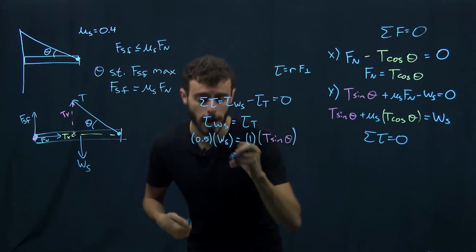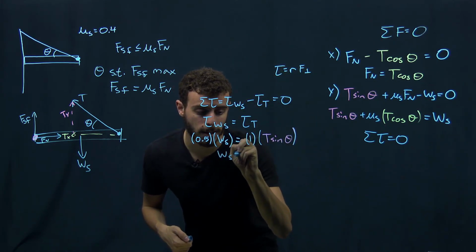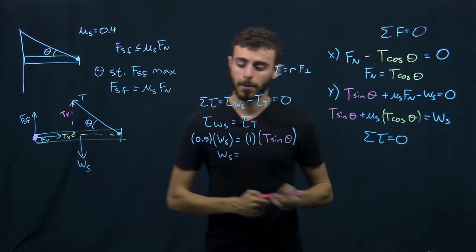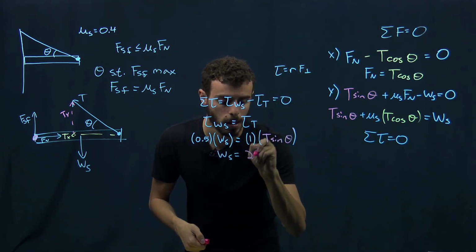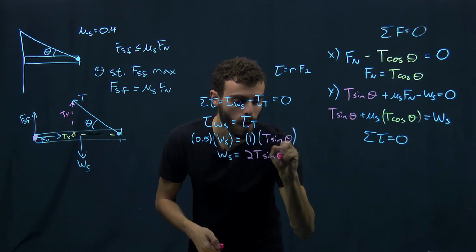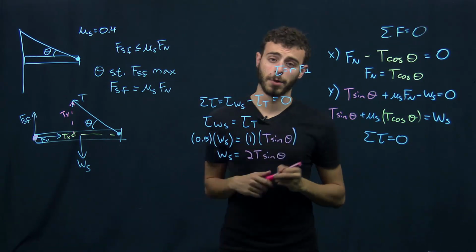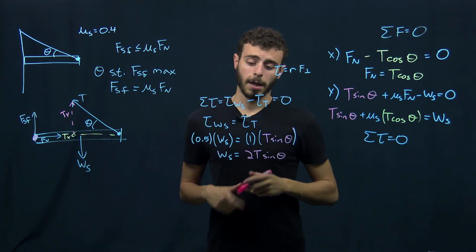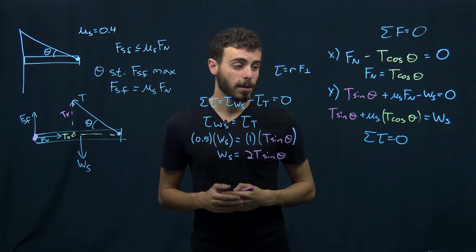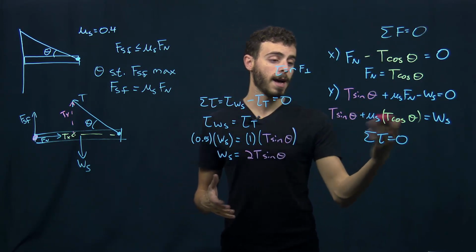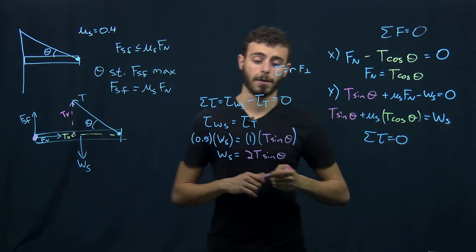I'm going to rearrange this to say the weight of the stick should be equal to 2T sine theta. All I'm doing is multiplying over this 1/2. So we have a relation for weight, and I'm going to plug that straight into the relation we have up here.